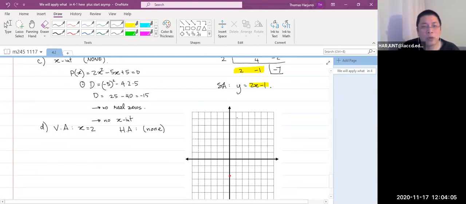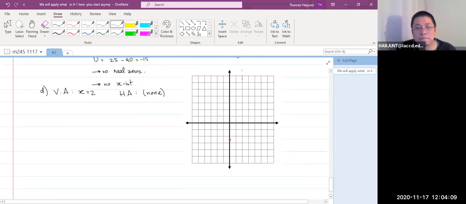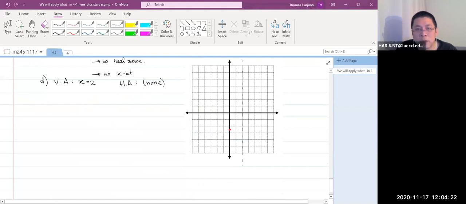Vertical asymptote x equals 2. No horizontal asymptote. But the slant asymptote is y equals 2x minus 1. The y-intercept is 0, negative 1, and the slope is 2. So it looks approximately like this.